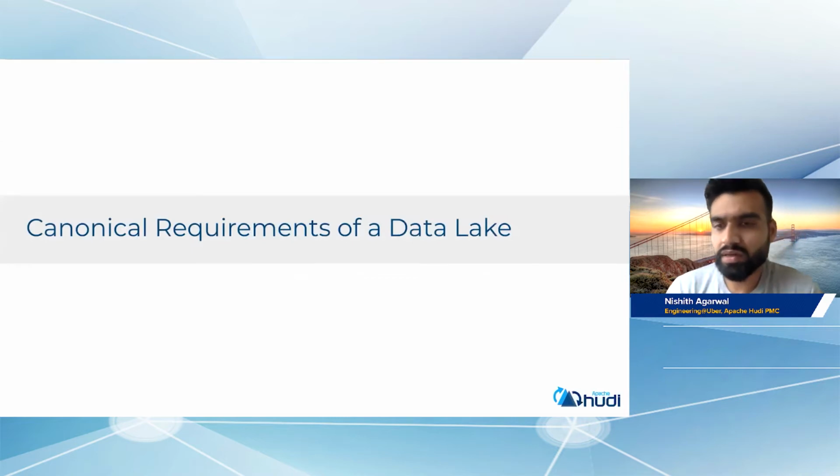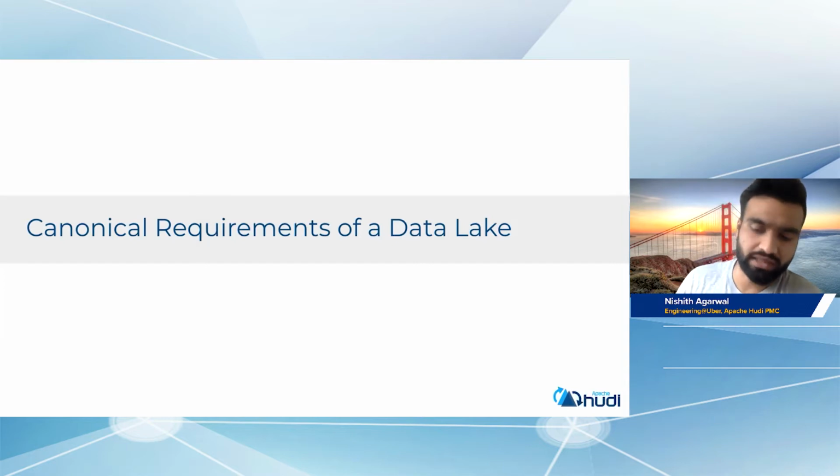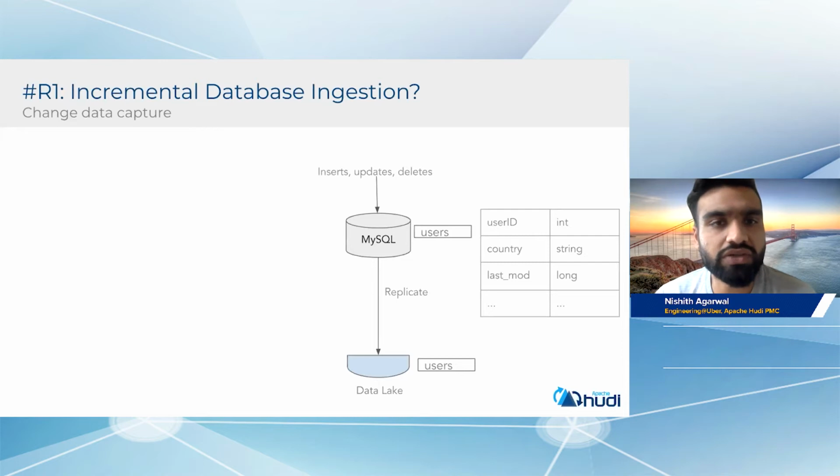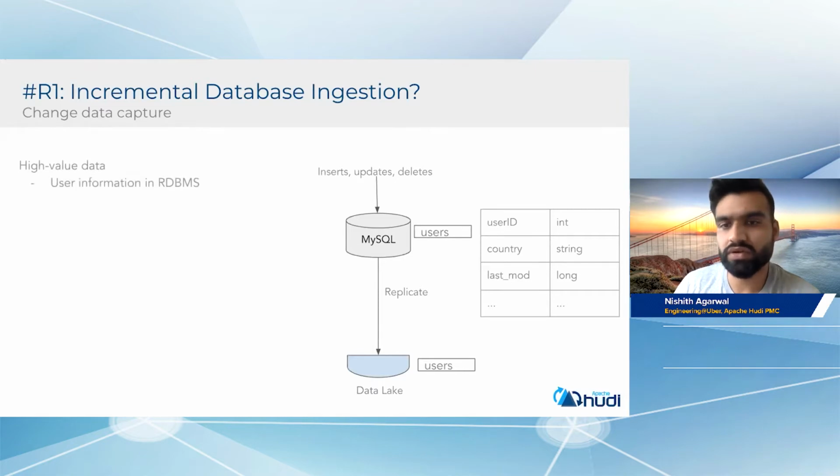So to be able to build a data lake, let's understand what the canonical requirements from a data lake are, right? The first requirement is around incremental database ingestion. Think about you may have a table in some of your chosen upstream databases. Let's take an example of MySQL, where you have high value information.